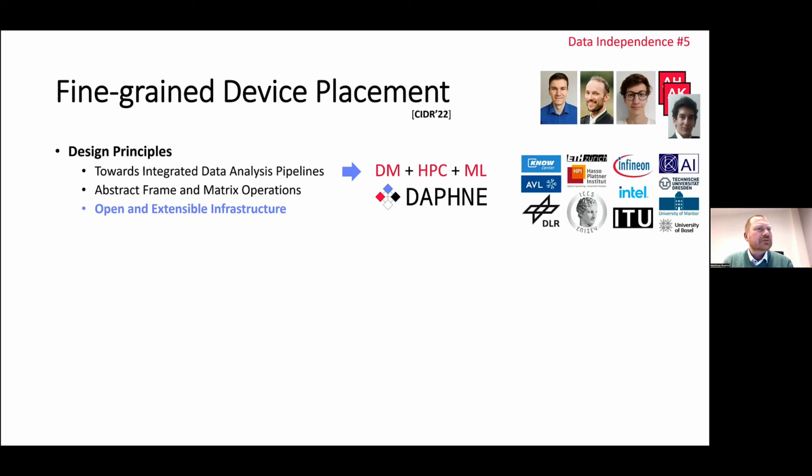And it's very interesting that those 3 areas over the last couple of years actually converged more and more in terms of the techniques and the infrastructure they're using, yet there are often very different programming paradigms and often dedicated cluster infrastructure. And this dedicated cluster infrastructure leads to a spatial-temporal underutilization of available hardware.